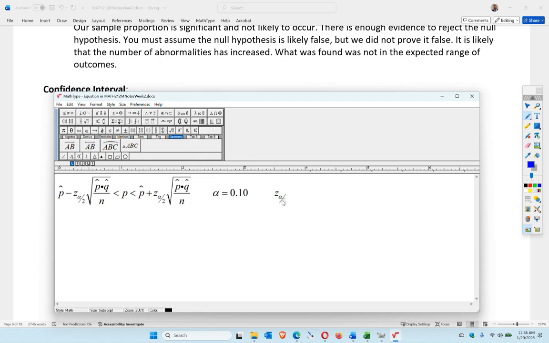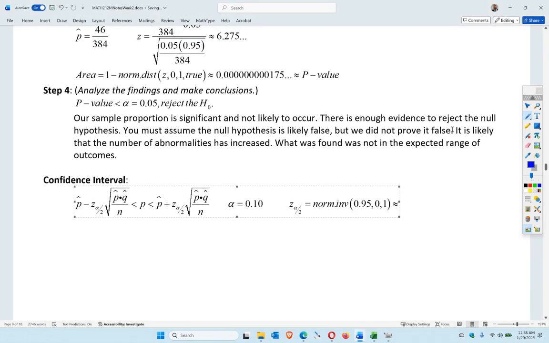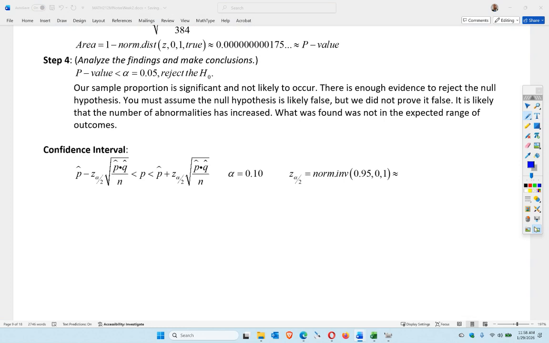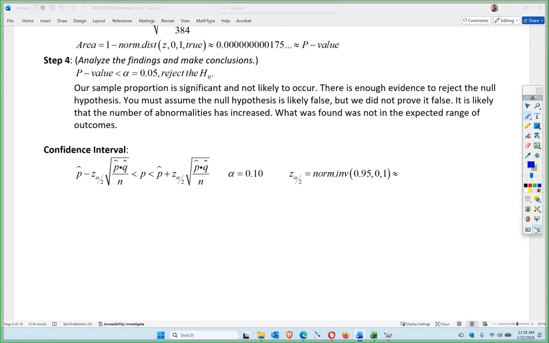Alpha divided by 2 equals normal dot inverse, and we're going to put 0.95, comma 0, comma 1. And this will be approximate. Let's talk about this. Okay. So the hypothesis test was 5%. Okay.